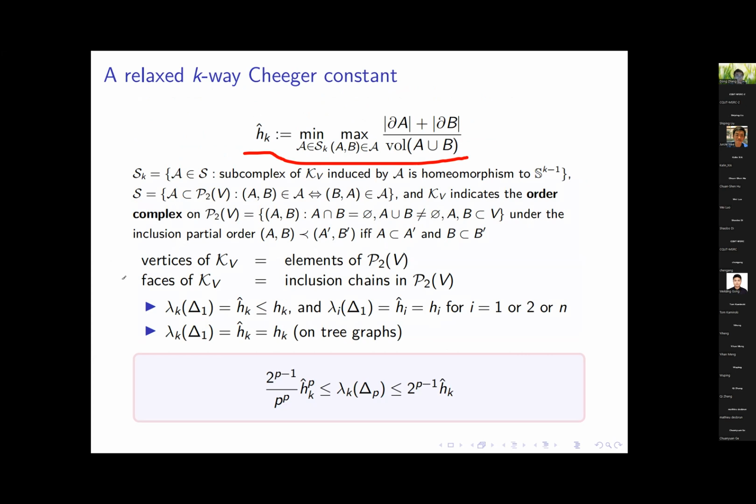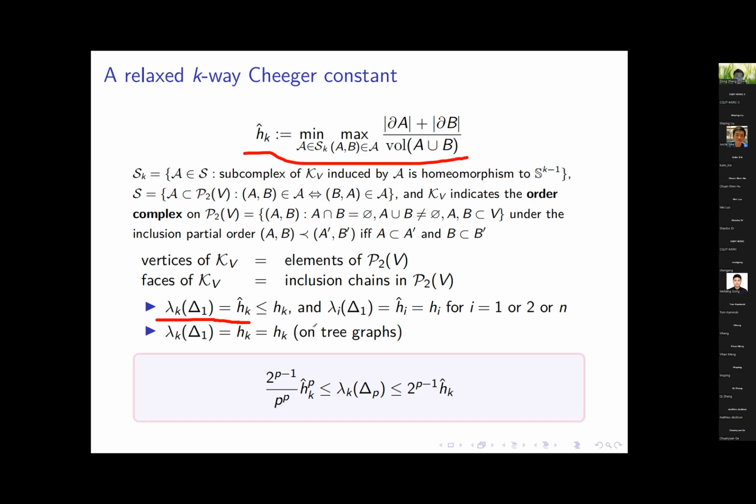I won't go into detail. I just want to show that it's very interesting that the k-th minimax eigenvalue of the graph 1-Laplacian coincides exactly with the relaxed k-way Cheeger constant h_k hat.